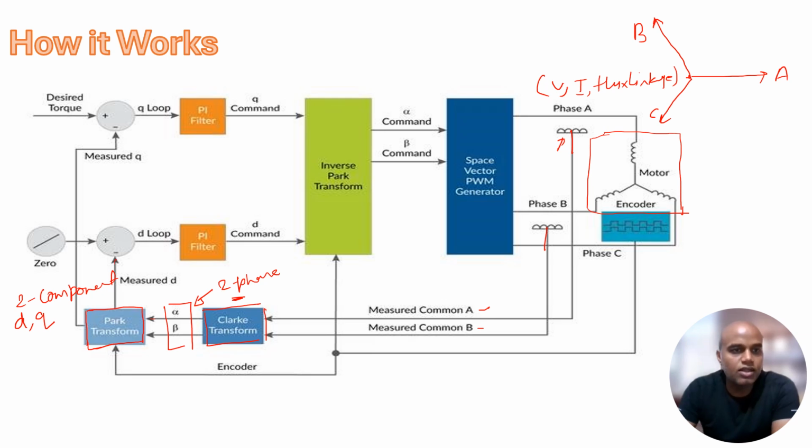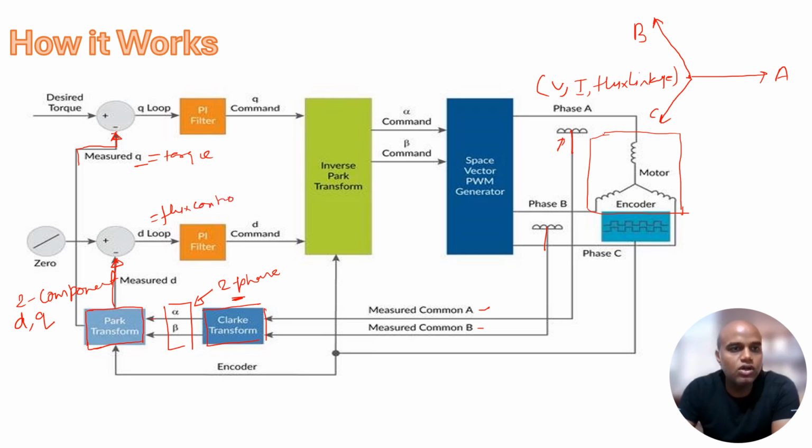One output, the D component, is going into one comparator, and the Q is going into another comparator. As we just discussed, the Q component, or the quadrature axis, is responsible for the torque control, and D is for the flux control.